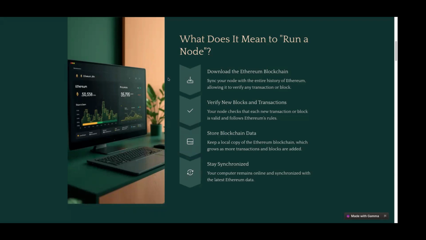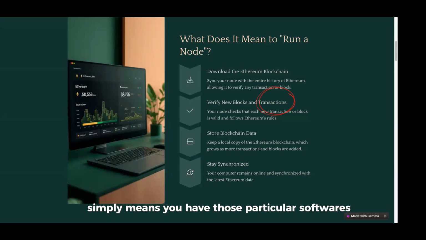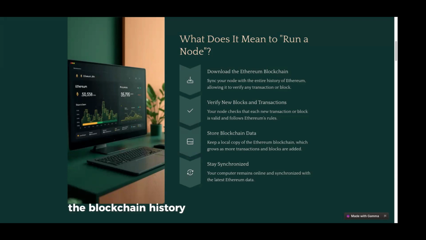So if you're running a node, it simply means you have those specific software or clients installed on your machine, and they are performing these functions. They have a copy of the blockchain history or transaction history, and they are syncing, in the sense that when new transactions or new data come into the network, you'll also be able to catch up. You will download that data into your own storage, locally.